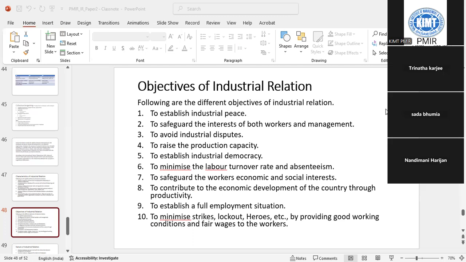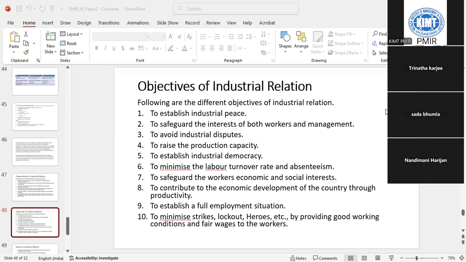And the last point you can mention is the working environment. If your culture and your relationship are good, you will have very minimal strikes, lockouts, and lockdowns. All these things will be minimized.